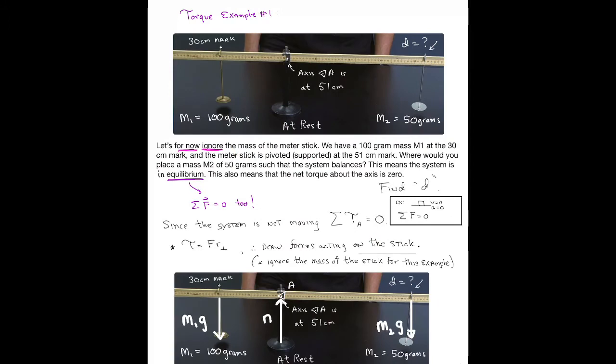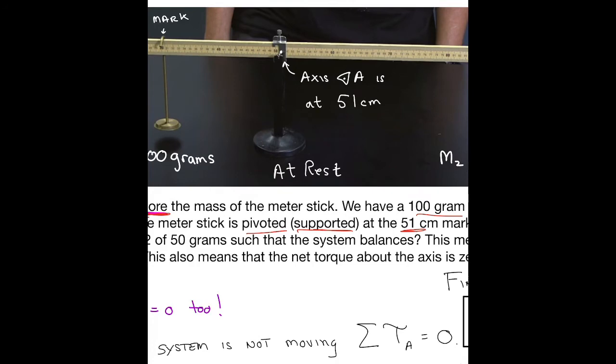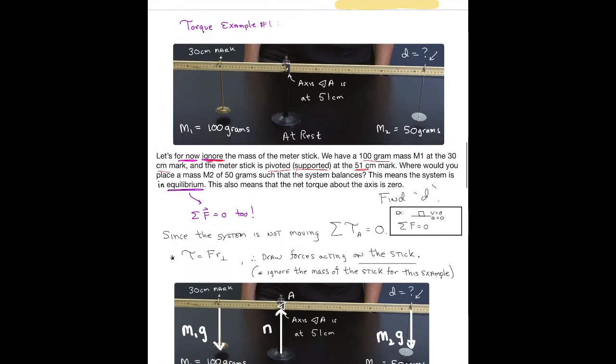Here's an example of how we use the concept of torque. In this picture, we're going to ignore the mass of the meter stick; later on we'll include it. We have a 100-gram mass, M1, at the 30 centimeter mark, and the meter stick is pivoted, meaning it's supported, at the 51 centimeter mark. It's kind of hard to see, but if you blow the picture up, right where the center of that is, it's about 51 centimeters.